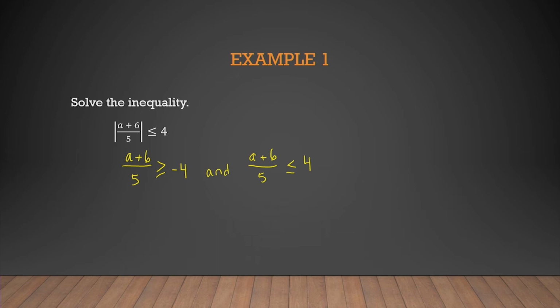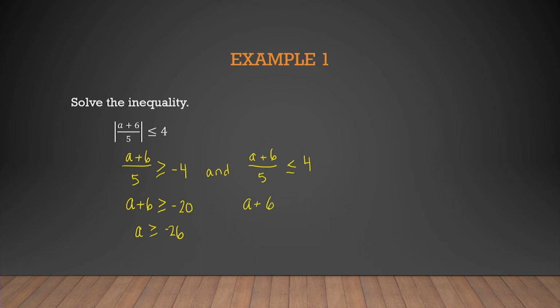For the first one, I'll multiply both sides by 5. That gives us a plus 6 is greater than or equal to negative 20. And then I'll subtract 6. So a is greater than or equal to negative 26. For the second inequality, I'll multiply by 5.